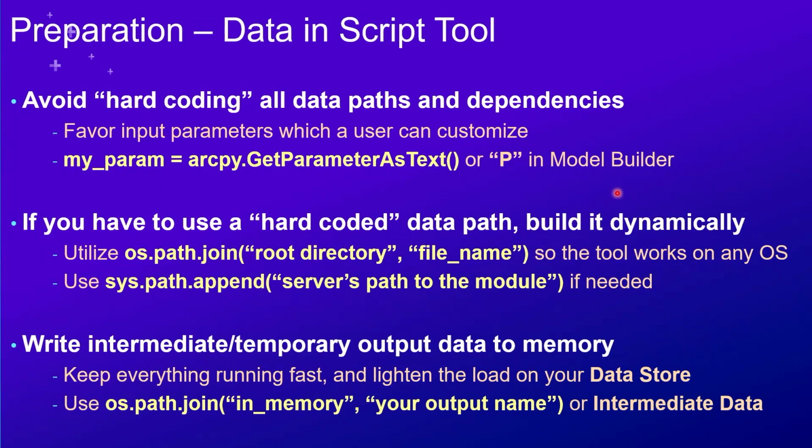Let's look first at how to prepare the data in your script tool. Now, before I start, you need to know that during publishing, our algorithm is going to scan your code and check if there is any data that needs to be copied to the server or referenced by the server. So you need to make sure your data is found and copied correctly.